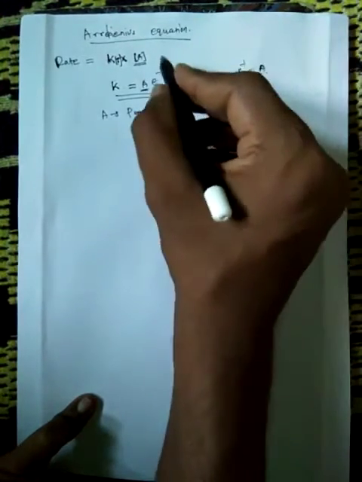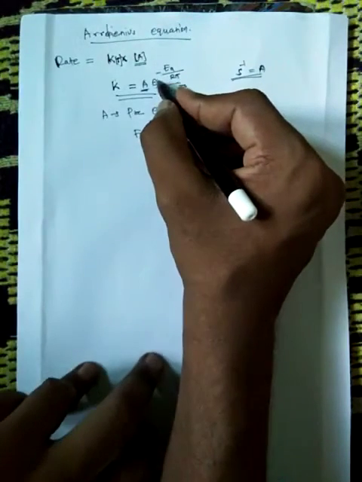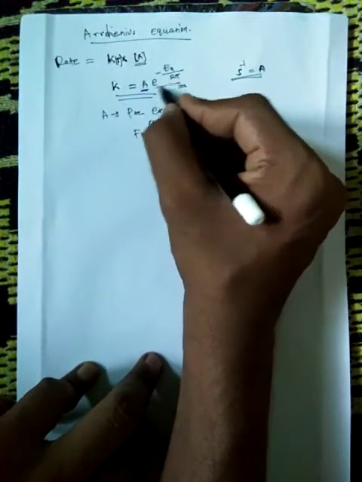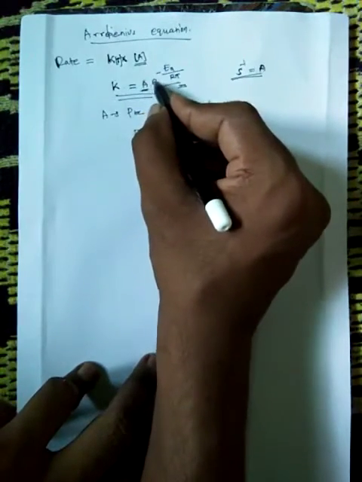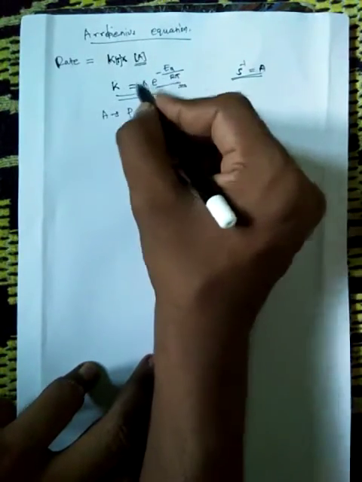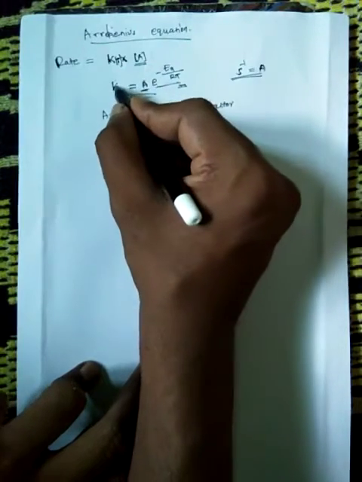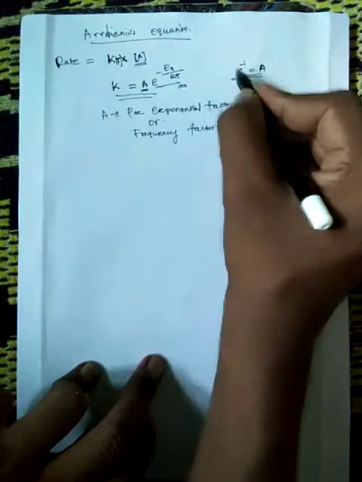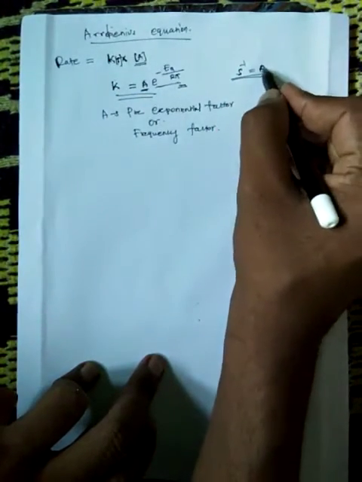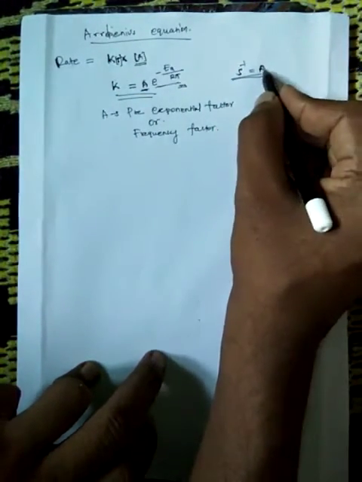Since this is an exponential term, it has no unit, and therefore the unit for A will be equal to the unit for K. The unit for K is second inverse, therefore the unit of A will be second inverse.